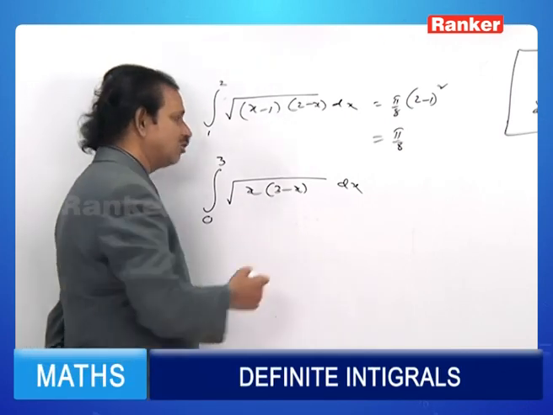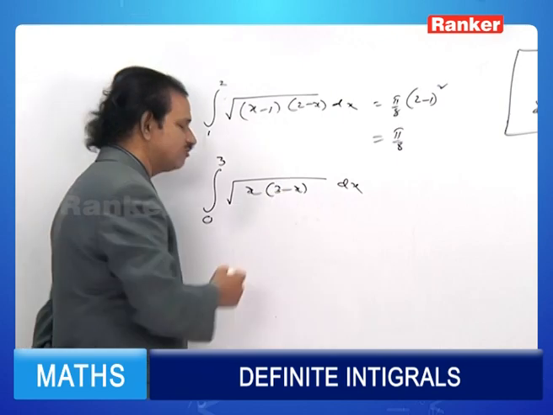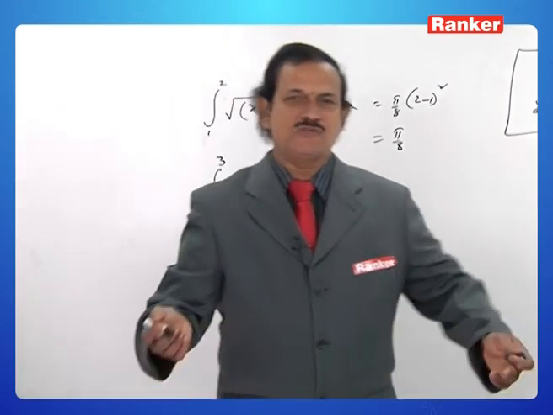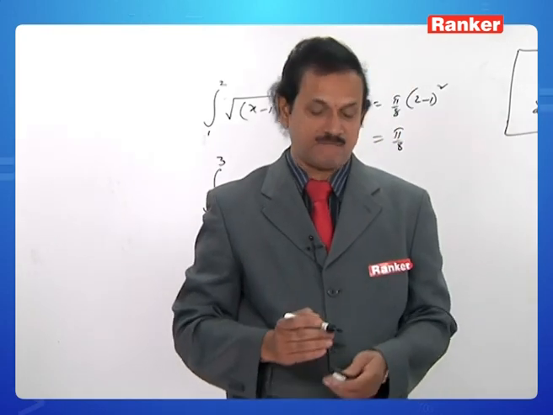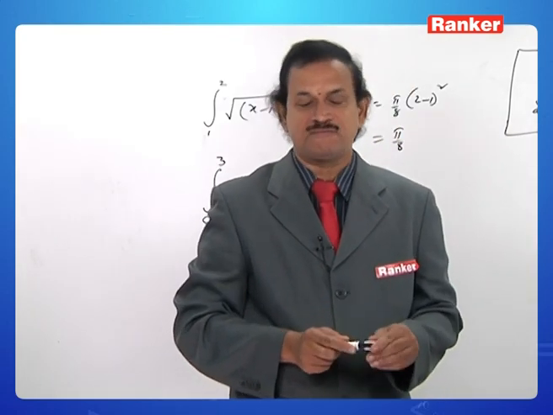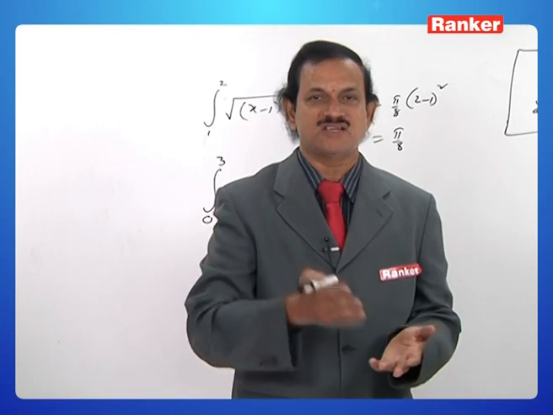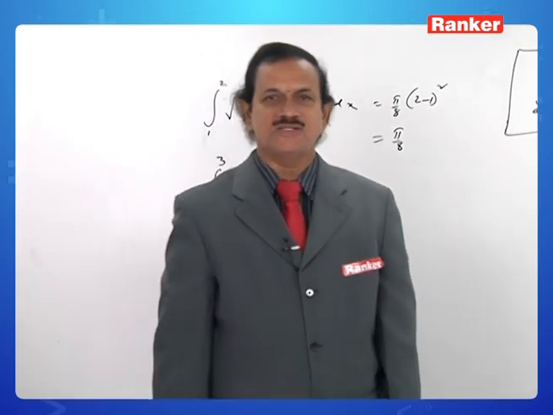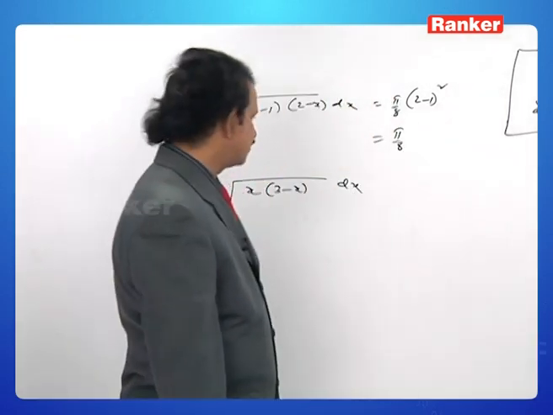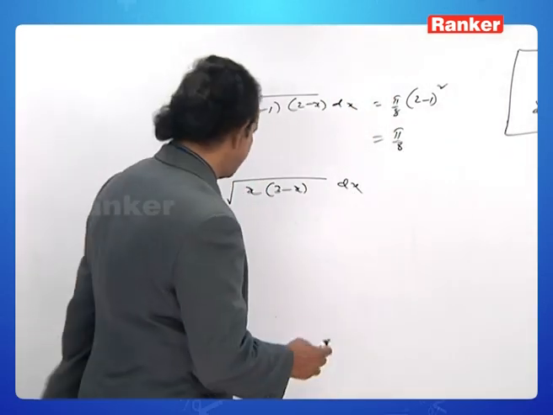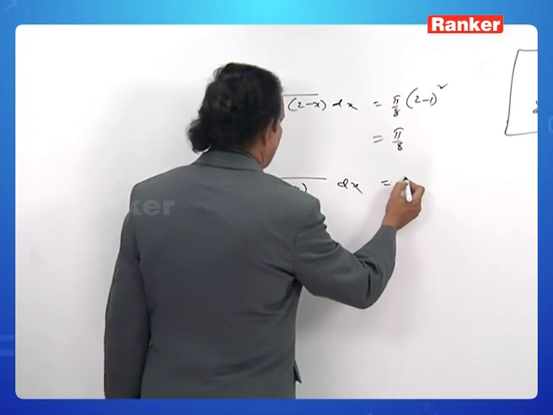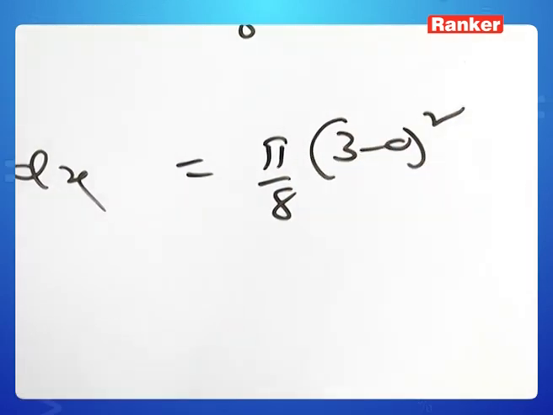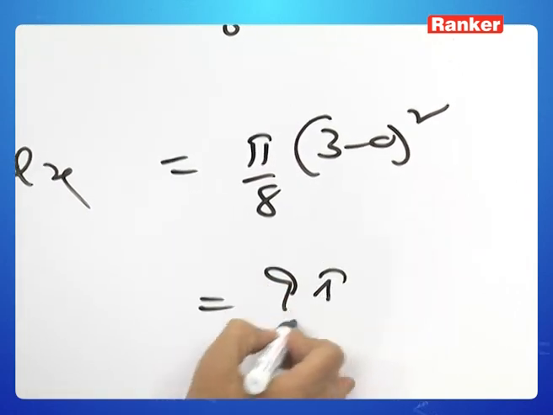If you do not know that formula, then you may have to get this as a quadratic expression, which is to be made a perfect square by that methodology, and you may have to use a formula of root of (a squared minus x squared) or root of (x squared minus a squared), like that. Surely it is a tedious job. Of course, we do not do that. Hence, the answer is pi by 8 into (b minus a) whole square. That is 9 pi by 8.